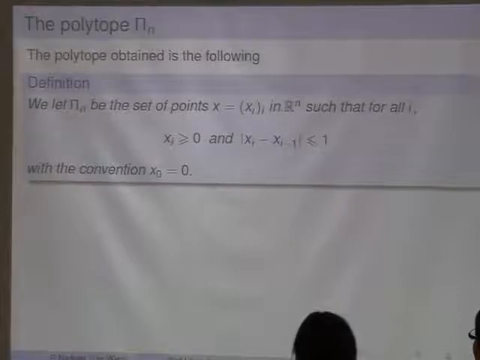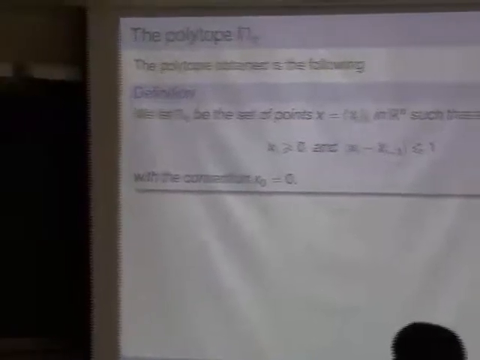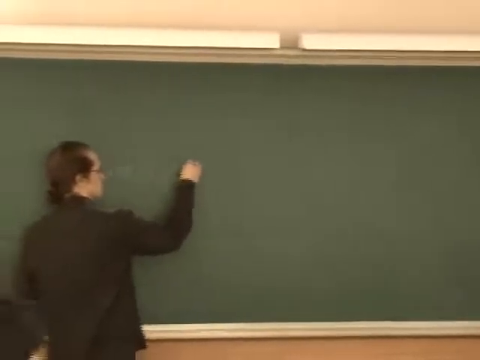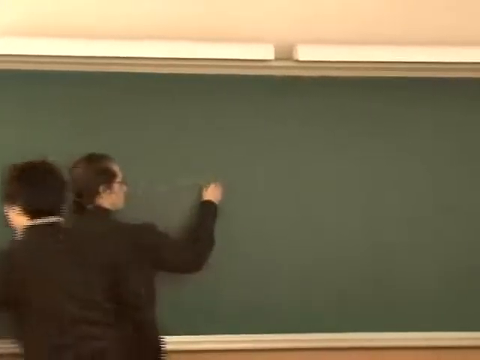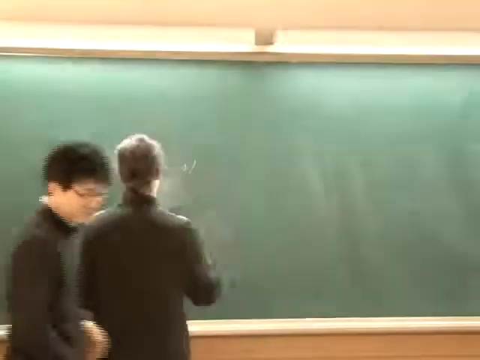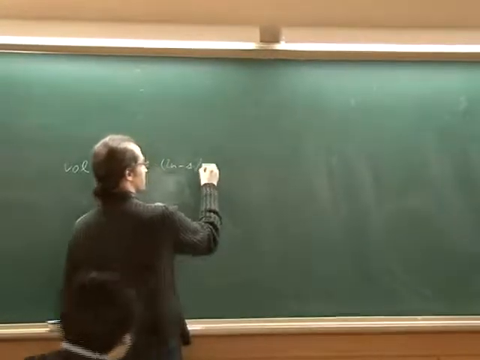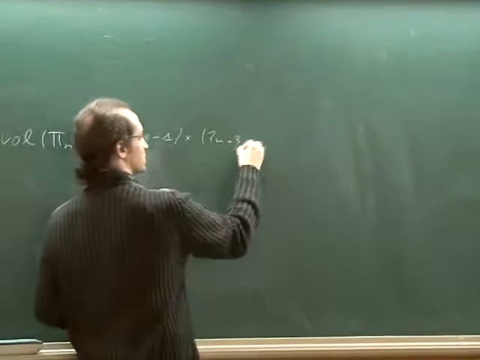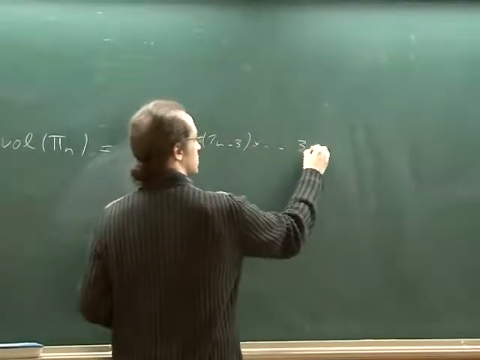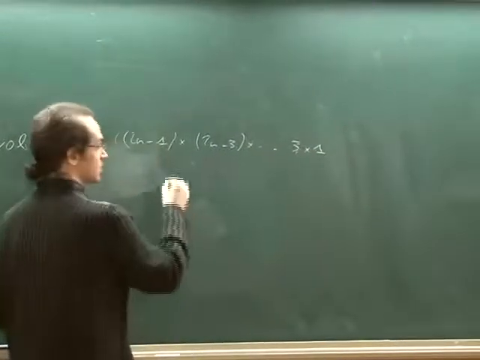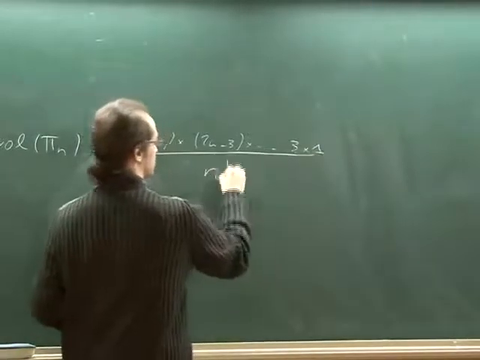So this Pn is a volume, and it turns out that I will write it later. The volume of Pn is equal to 2n minus 1 times 2n minus 3, and so on. So these are the double factorials, divided by normal factorials.